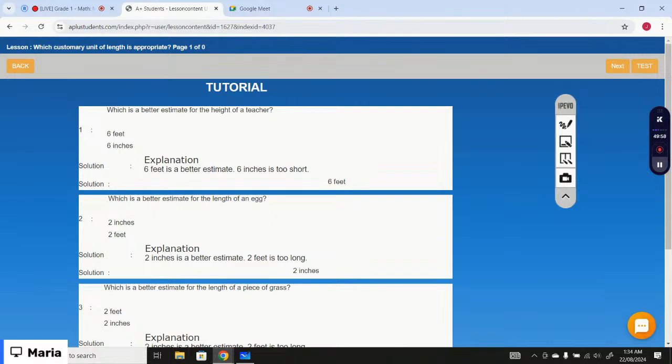That is the height of a teacher, right? So that must be 6 feet, because 6 inches is too short for the length of a human being.